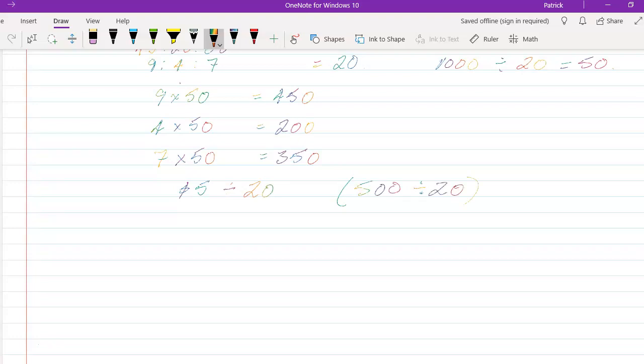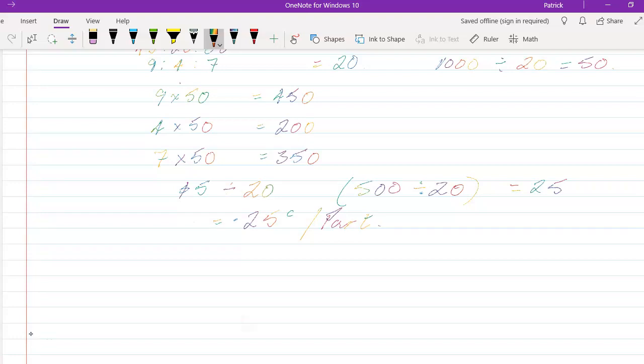Either way is okay. 500 divided by 20 is not 225, but is in fact 25, or 25 cents per part. So again, I've added the ratios and I've divided the total, which in this instance is $5, by the total of the ratios: 25 cents.